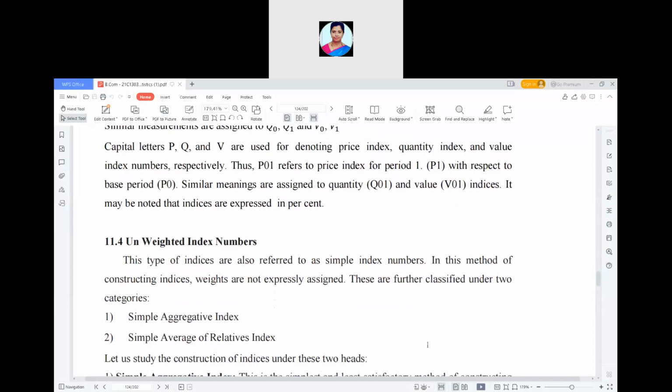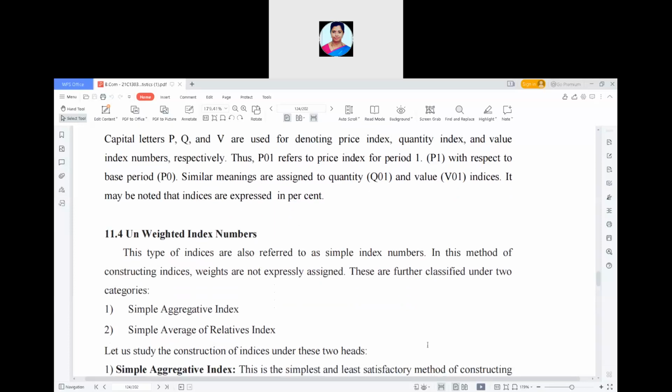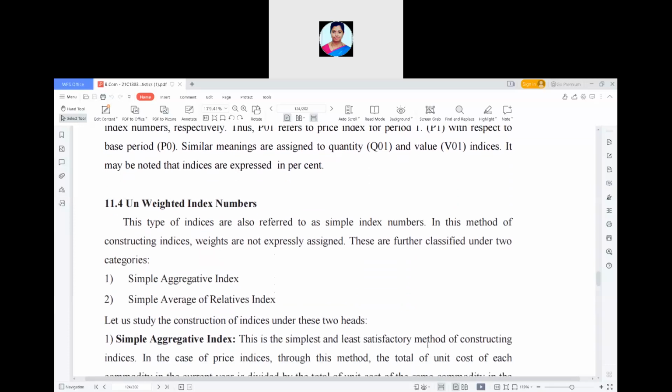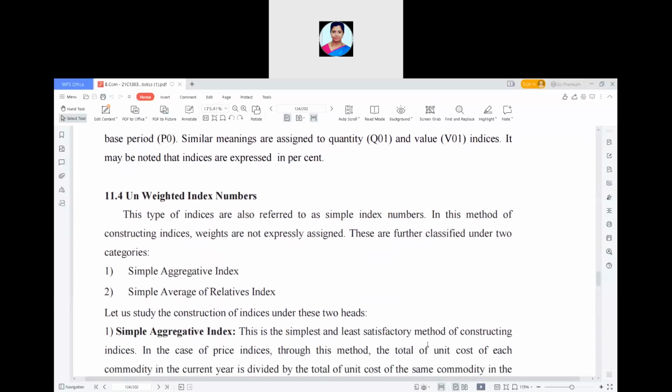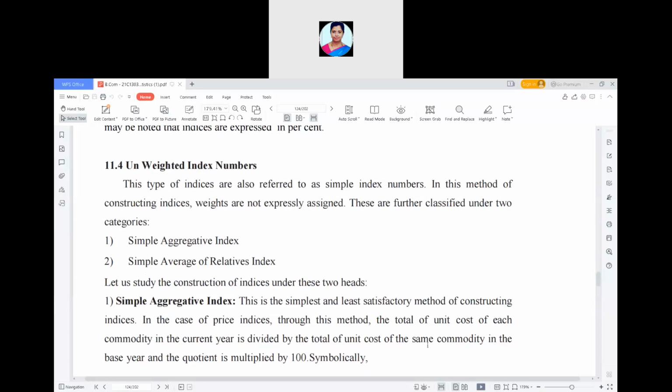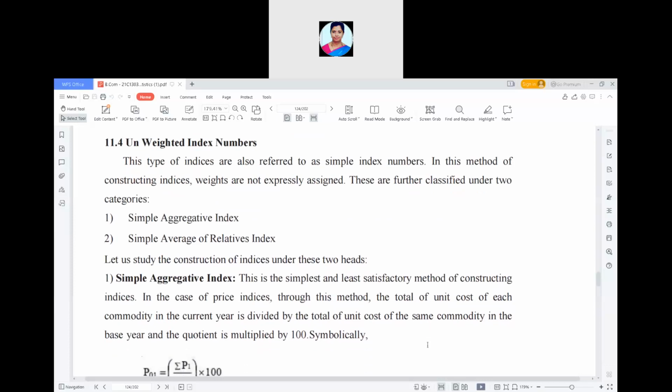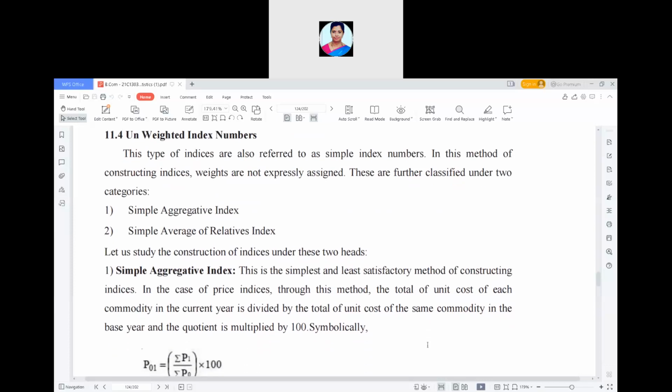Here the weights are not expressly assigned. We have two main categories: simple aggregative index and simple average relative index. The first one, simple aggregative method, is the simplest method of constructing the index number.